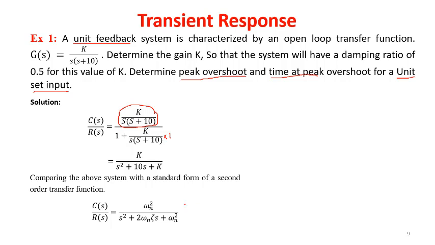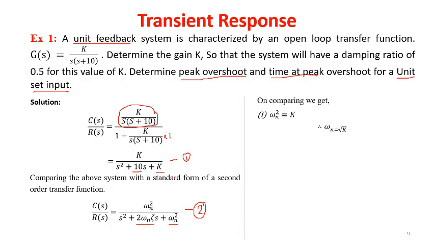Comparing equation 1 with the standard form, equation 2, we know that 10 is equivalent to 2 zeta omega n, and omega n square equals K. Whenever you compare, you have to compare the denominator part, keep it in mind.